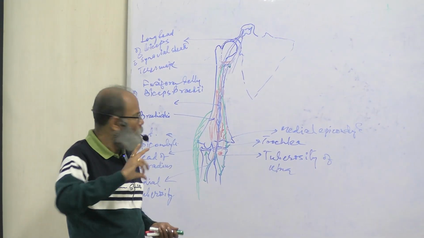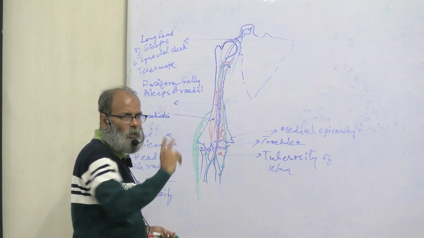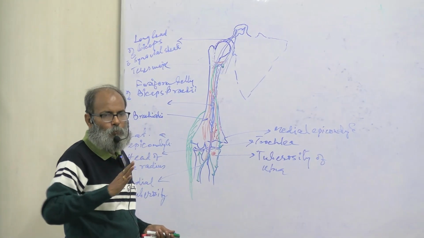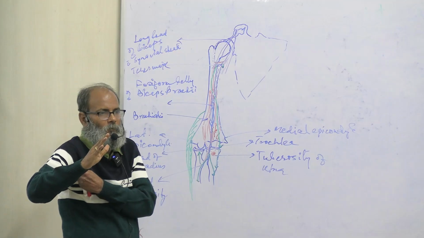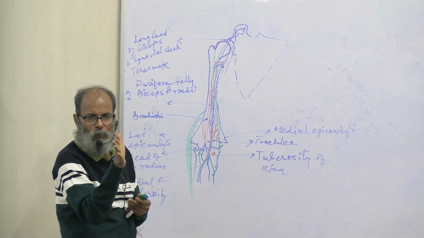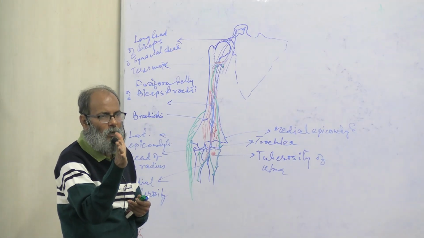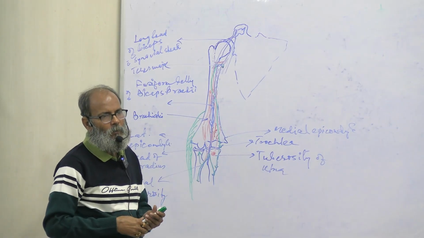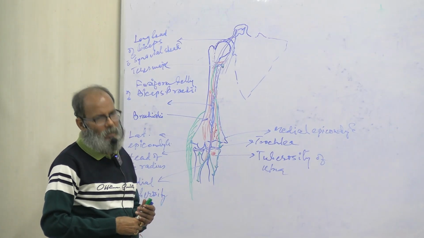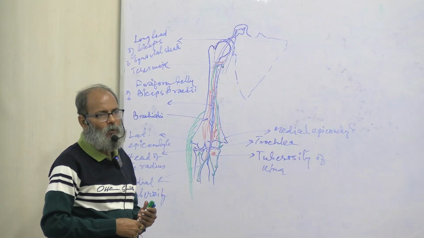Got my point? Now the teres major, the large head of teres major, is passing from back to front. It is not like this. This is back to front to be attached to the medial ridge of the intertubercular sulcus or bicipital groove.